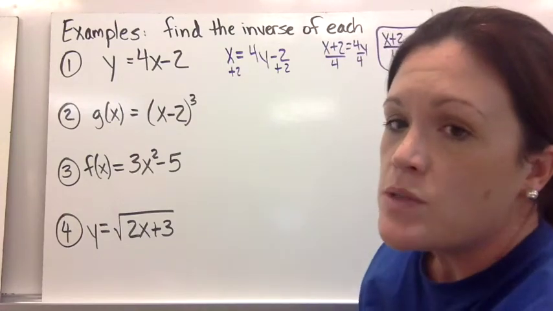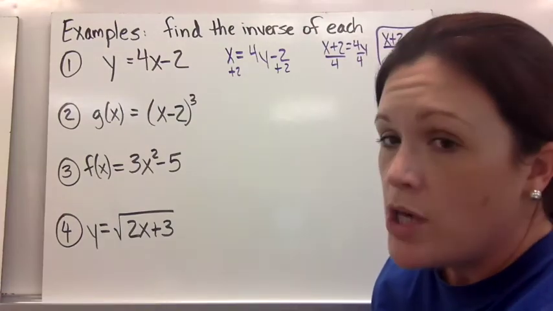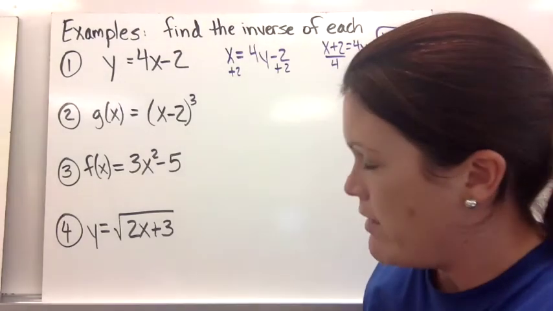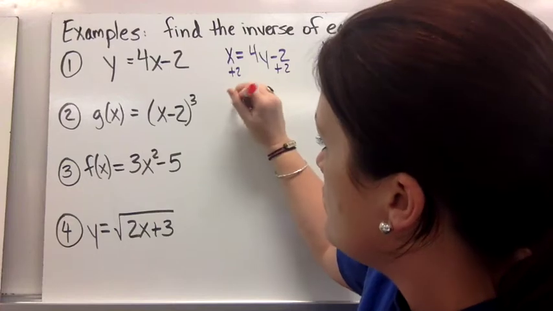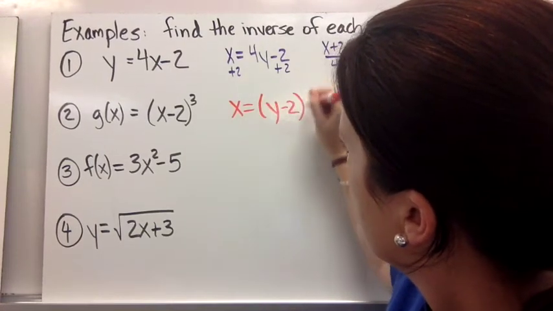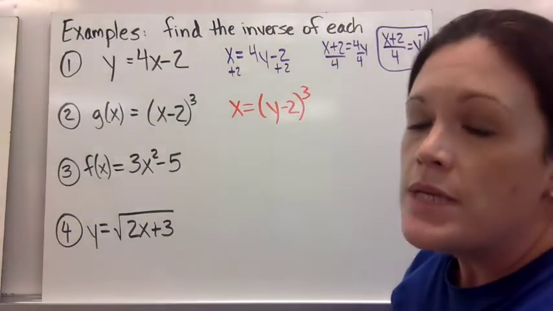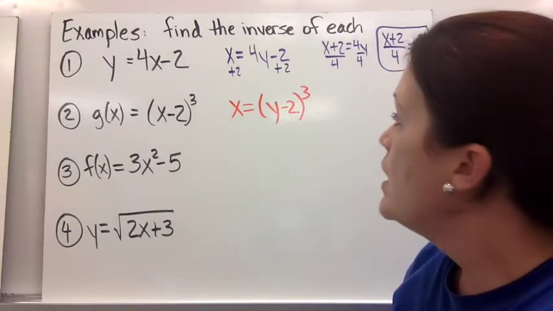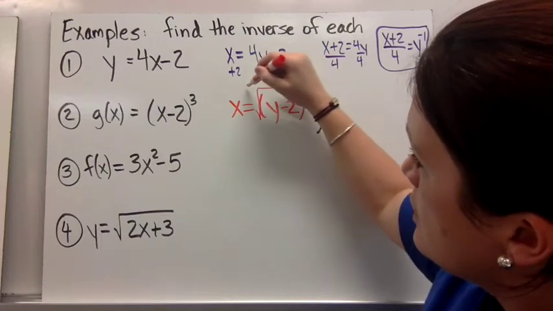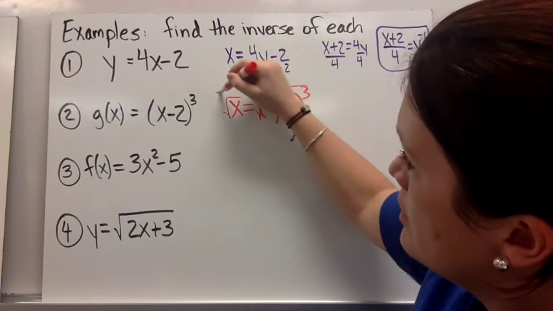Given g of x equals x minus 2 cubed, we need to switch x and y. In this case, g of x is like our y value. So we're going to put x over there, put y minus 2 cubed. So we need to get y by itself. We need to cube root both sides to get rid of the cube.